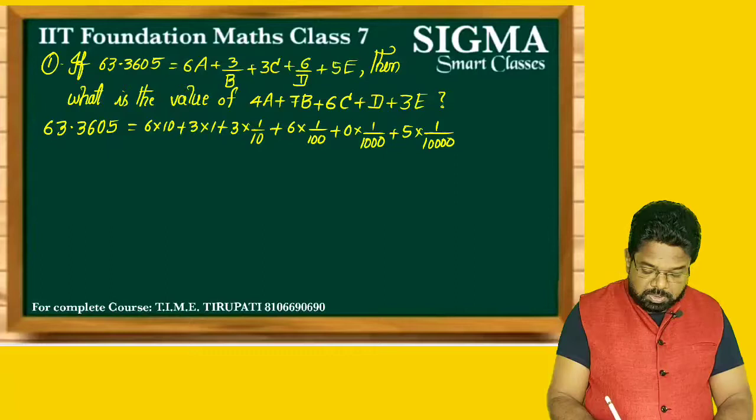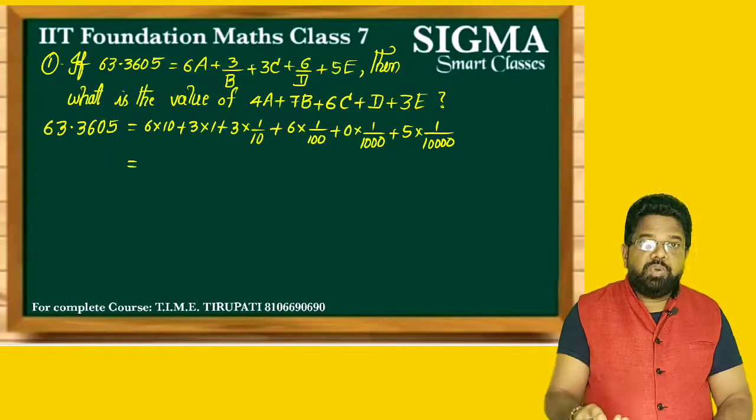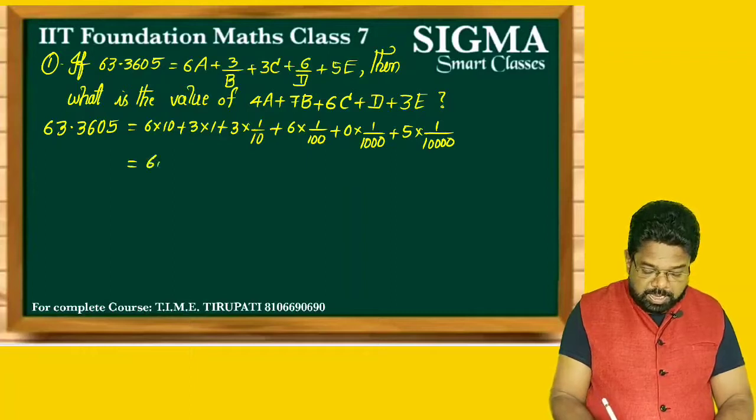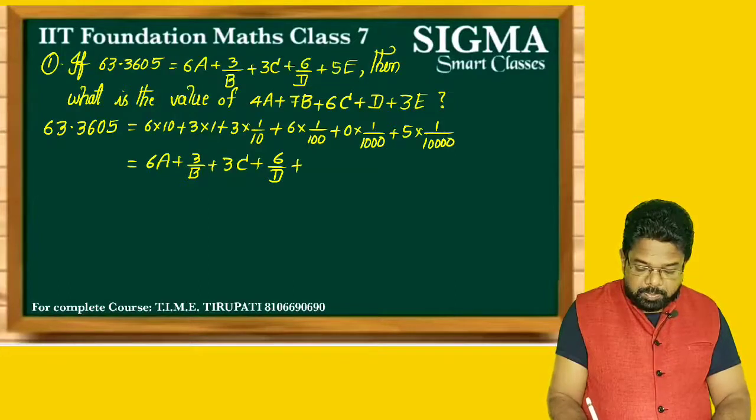Now this is equal to what is given in the question, 6a plus 3 by b plus 3c plus 6 by d plus 5e.